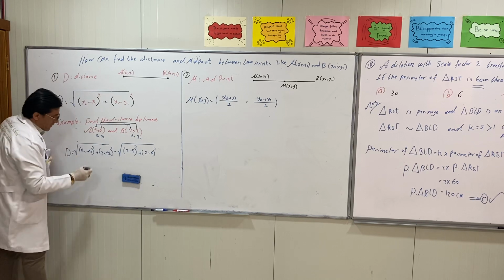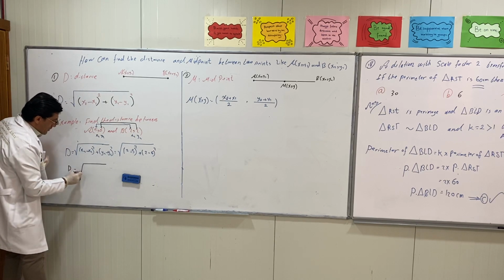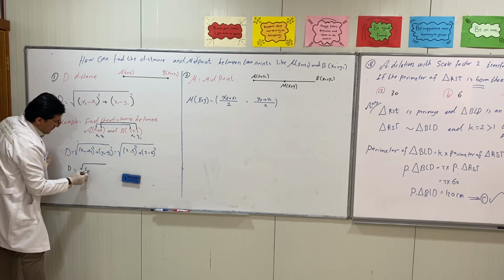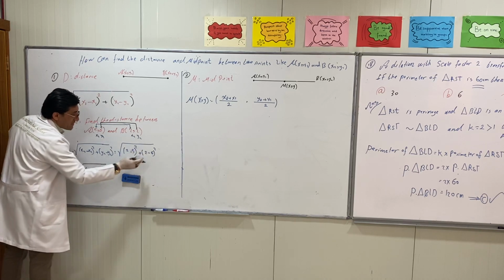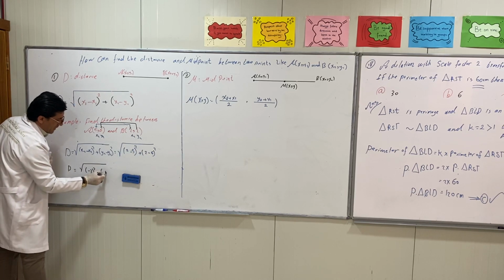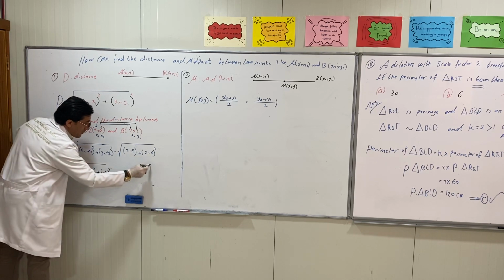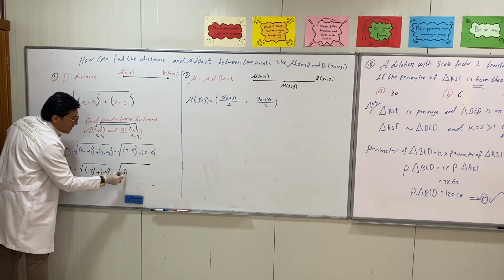So D equals the square root of negative 3 to the power 2, plus negative 4 to the power 2. Now negative 3 to the power 2 equals 9, not negative 9.